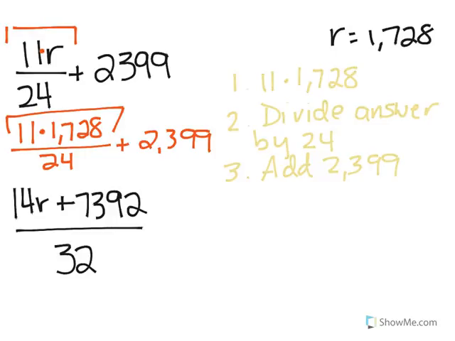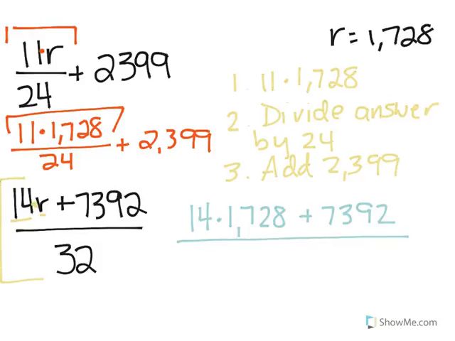Number 14, this next one right here, 14r, remember that's a number next to a variable, which means multiply. So you're going to rewrite it as 14 times 1,728 plus 7,392 all over 32.